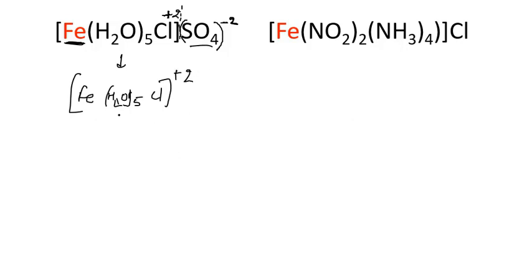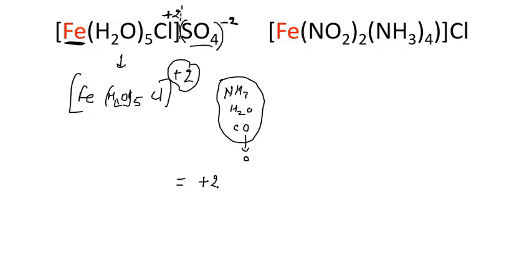Now we can simplify further. Remember, when we have NH3, H2O, CO, these molecules present, their oxidation number is always taken as 0. These are neutral molecules. So you can see the total charge is plus 2. I put here plus 2, and then here we have Fe, then plus how many water molecules are there? 5 multiplied by water molecule.